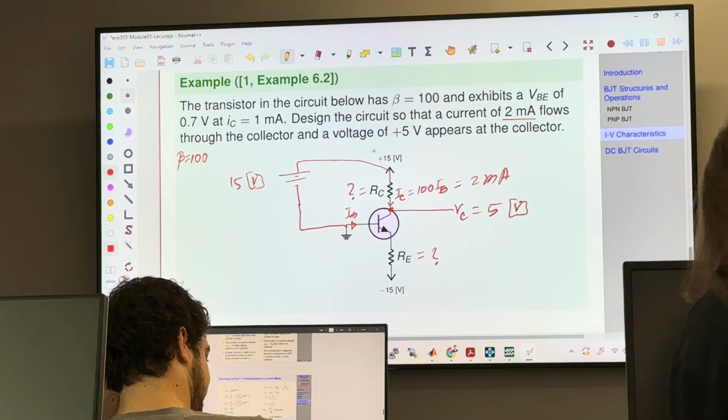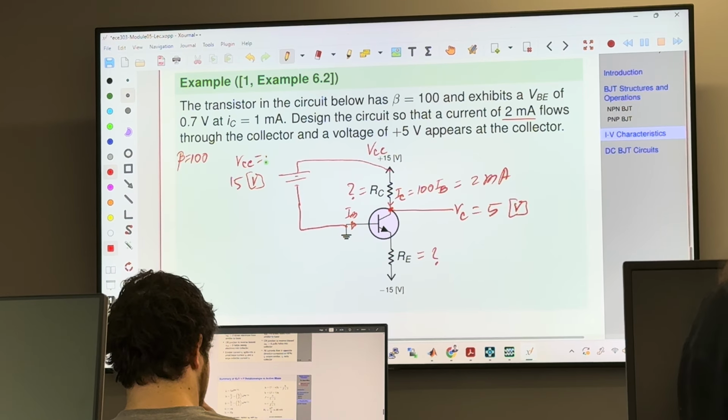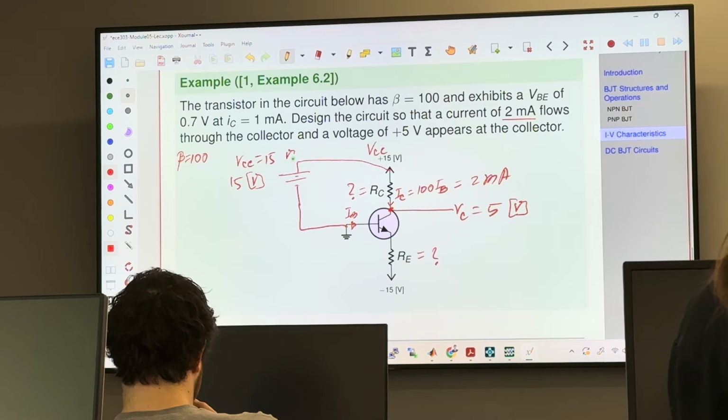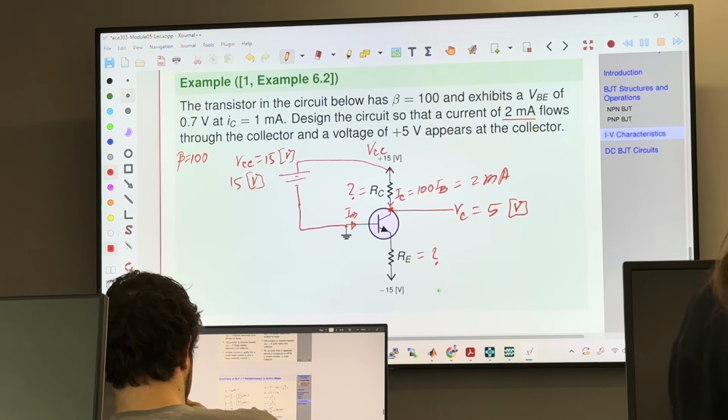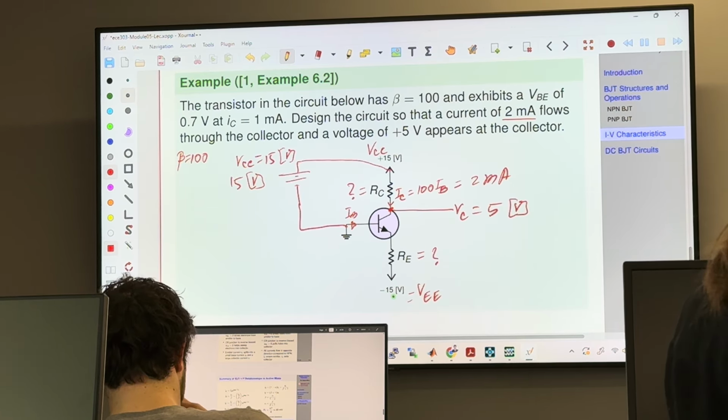We call this VCC. And we have VEE, which is negative 15 volt.